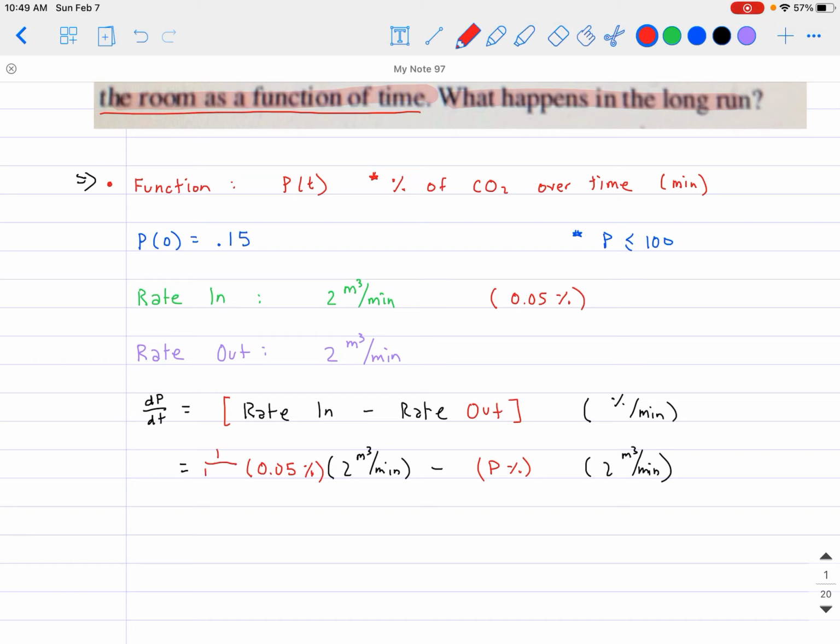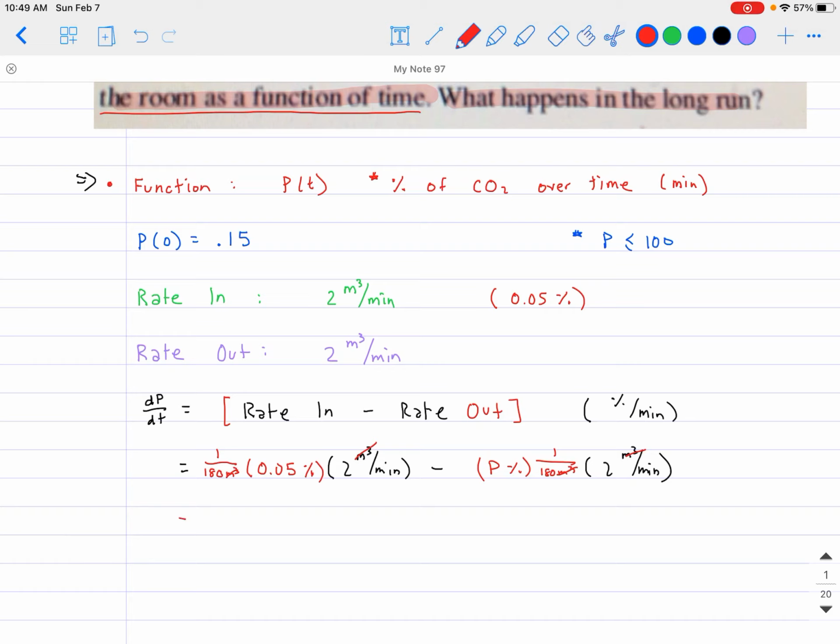So if I take my 180 cubic meters and divide both parts by it, you can see in terms of the units that the cubic meters are going to cancel out, leaving you with the percentage per minute that we're supposed to get.